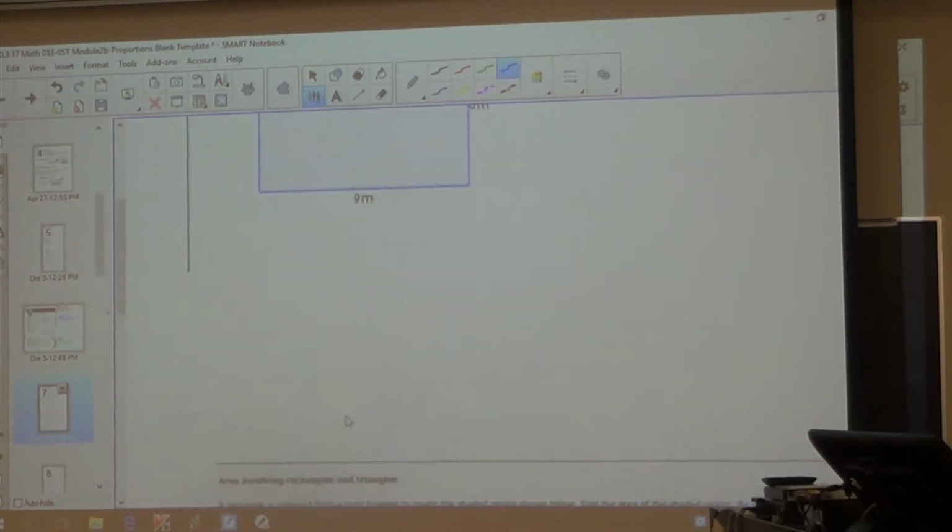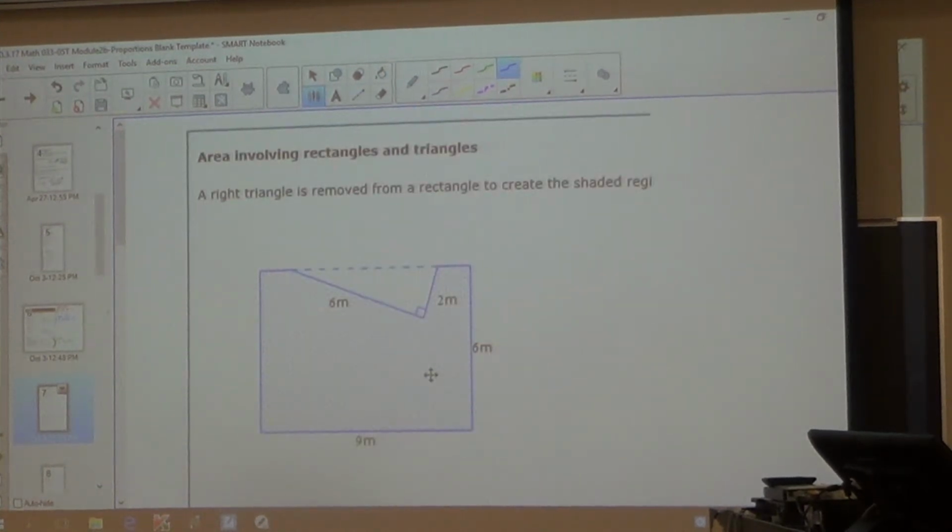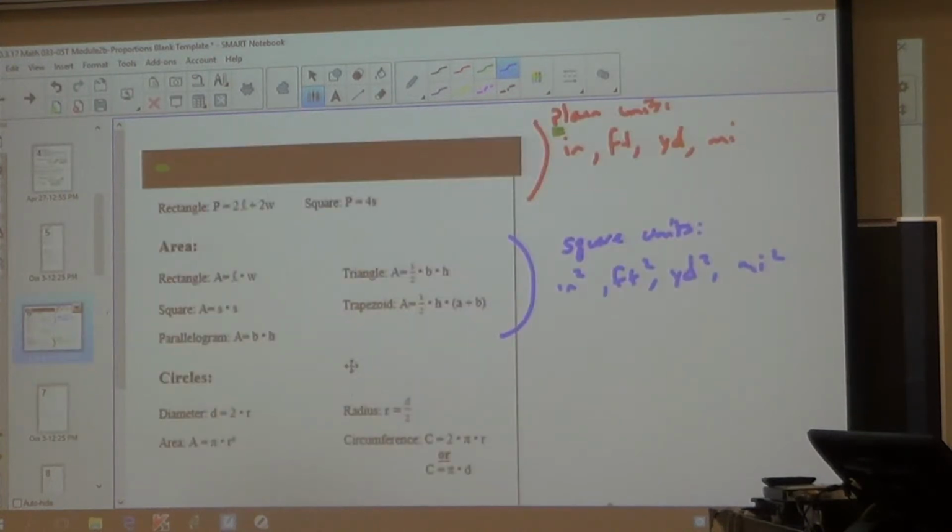Now, when you're doing perimeter, it doesn't matter what the shape is. I could give you a funky looking shape. I don't care what the shape is, you're going to add up all the sides. When you're doing area, you have to know the shape.